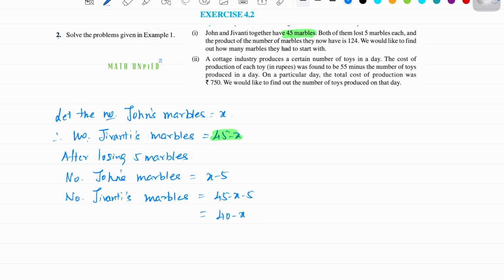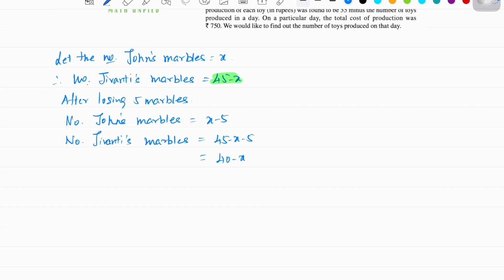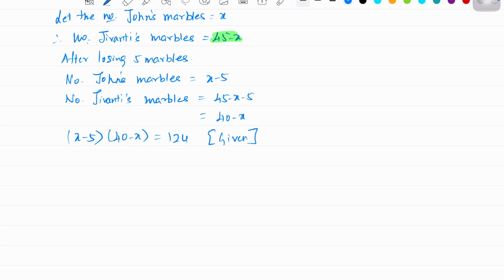Now it's given that the product of the current number of marbles is 124. So we can say x minus 5 times 40 minus x equals 124. This condition is actually given. So how can we proceed? We'll just multiply this and expand the expression.